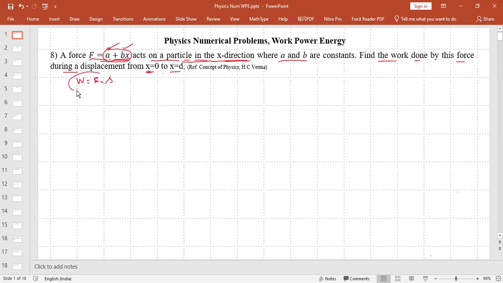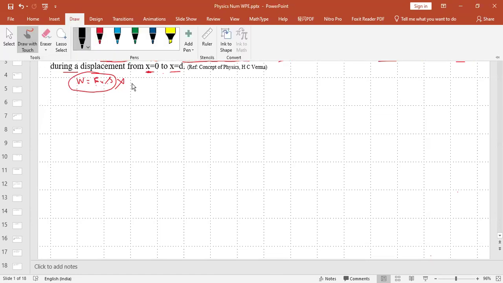So if the force is a function itself, then this equation cannot be used. If force is a function of s, obviously we have to use the concept of integration. So, we'll go by that concept of integration.